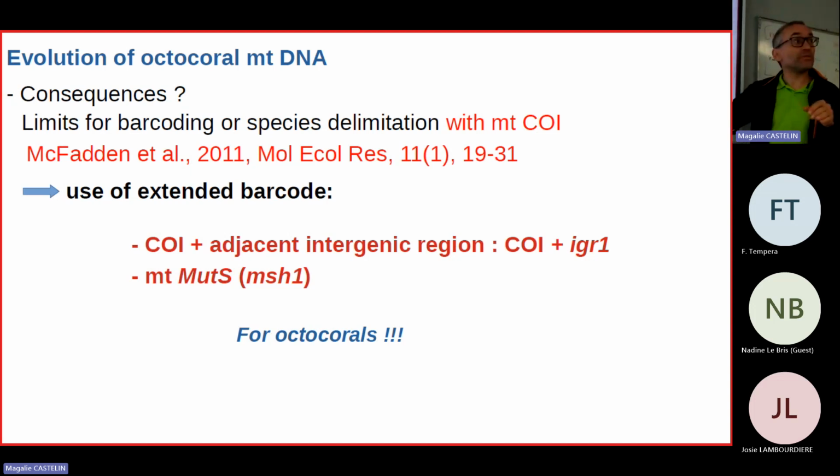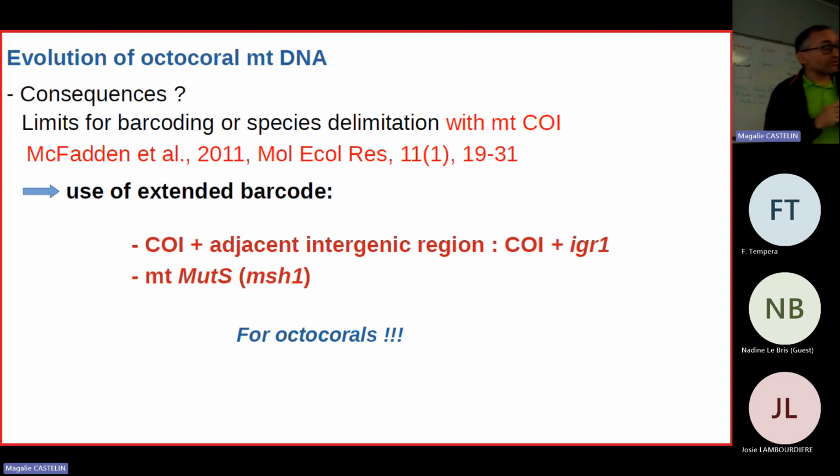So it's all mitochondrial DNA. And another locus, which is in mitochondrial DNA and which is specific to the mitochondrial DNA of octocorals. Only in the mitochondrial DNA of octocorals, no other animals have this locus, which is mitochondrial MutS or MSH1, depending on the paper that uses it.